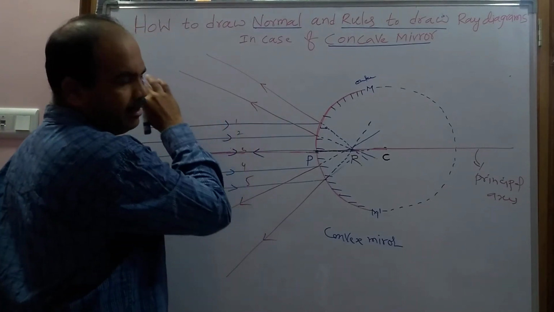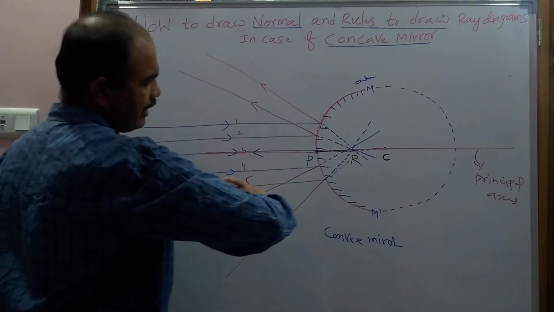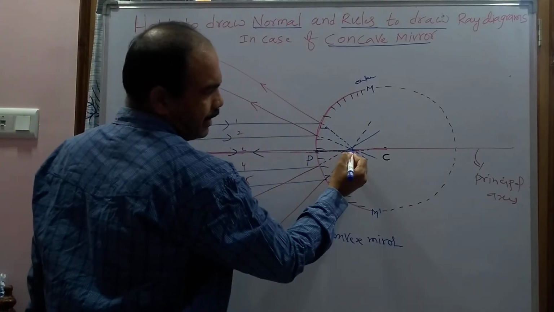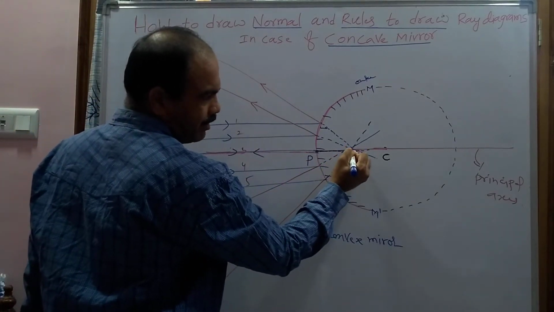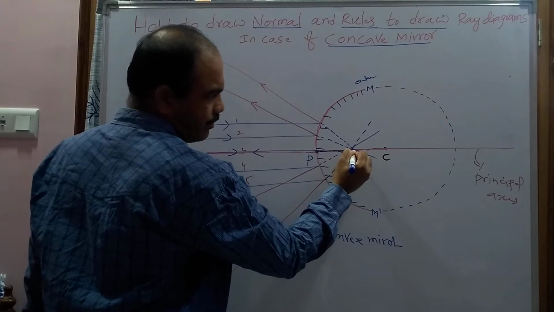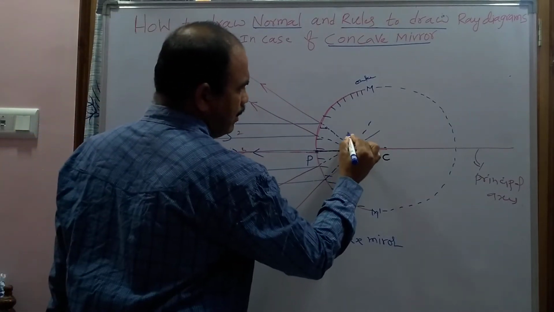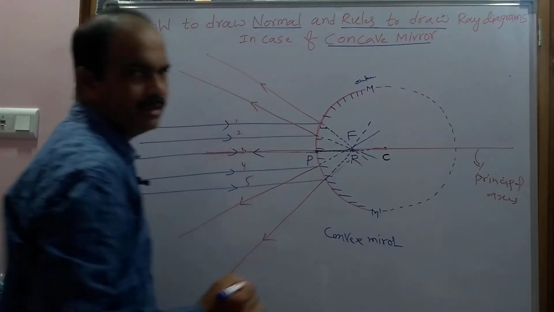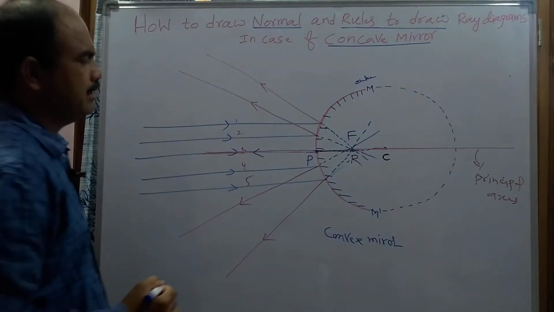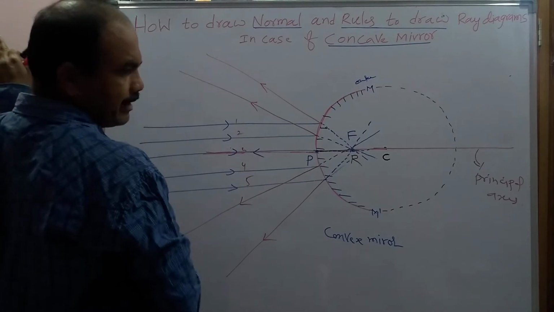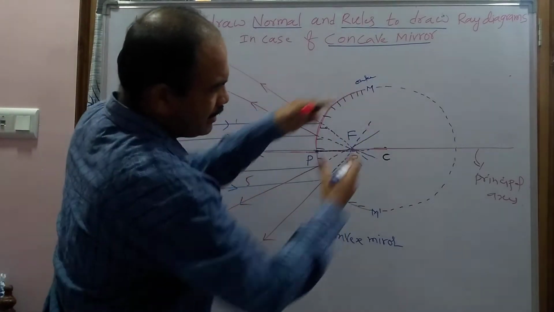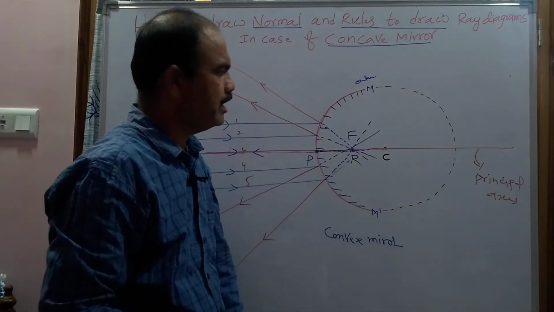So when all reflected rays are extended back, they will meet at a point on the principal axis.